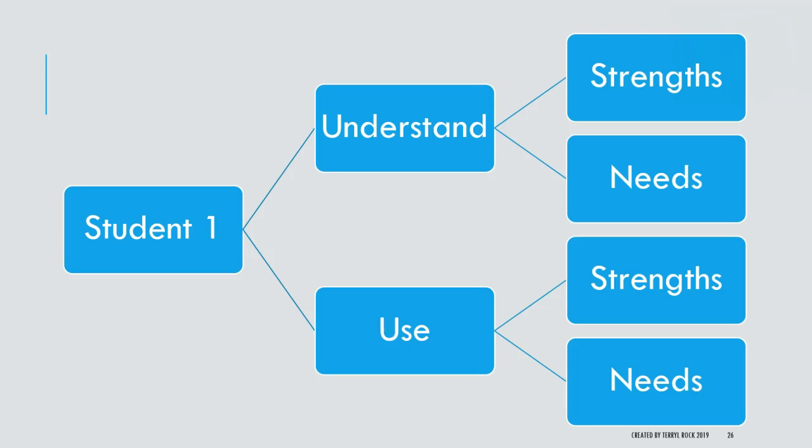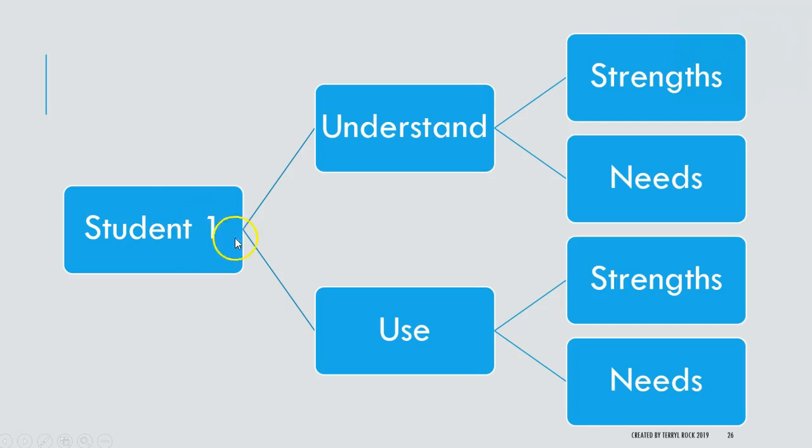So here's what I'm suggesting. You take each student, student 1, and talk about how you're going to help them understand their strengths, how you're going to help them understand their needs. So in one paragraph, you would write about student 1, how they understand their strengths, how they understand their needs.